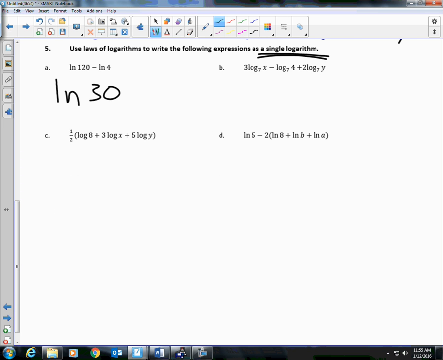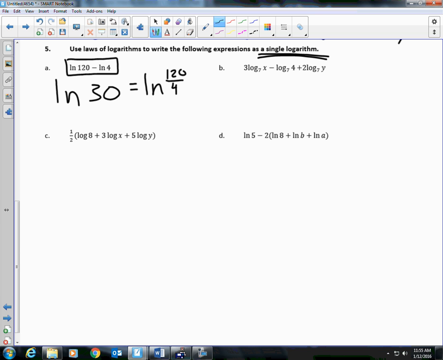Okay? So what I could do is I could take these two, because they're subtraction, I could rewrite it as a single logarithm with division. Is that better?